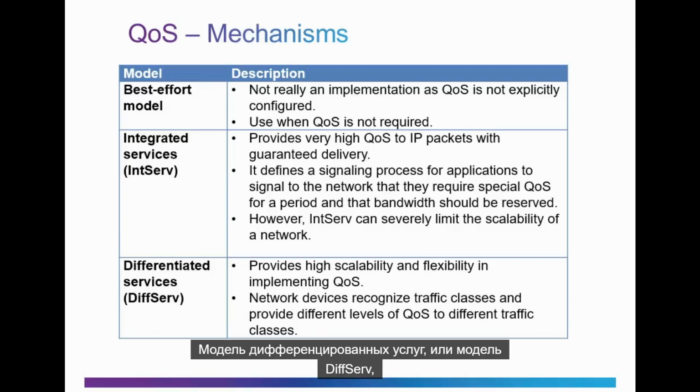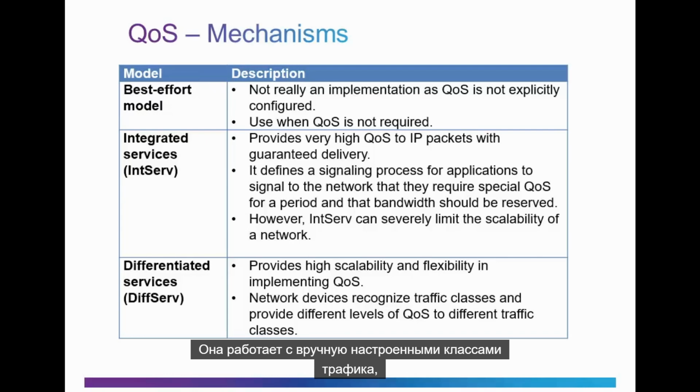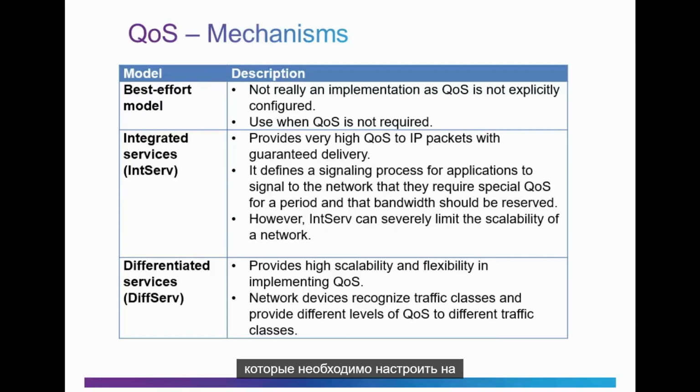The differentiated services model, or DiffServ model, is a highly scalable and flexible implementation of QoS. It works off of manually configured traffic classes, which need to be configured on routers throughout the network.